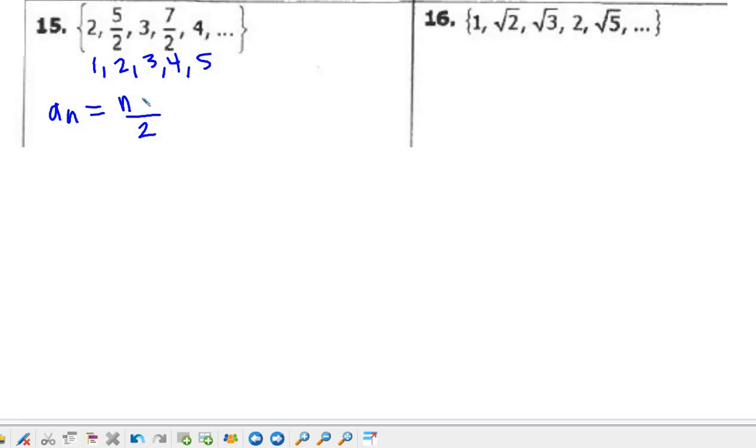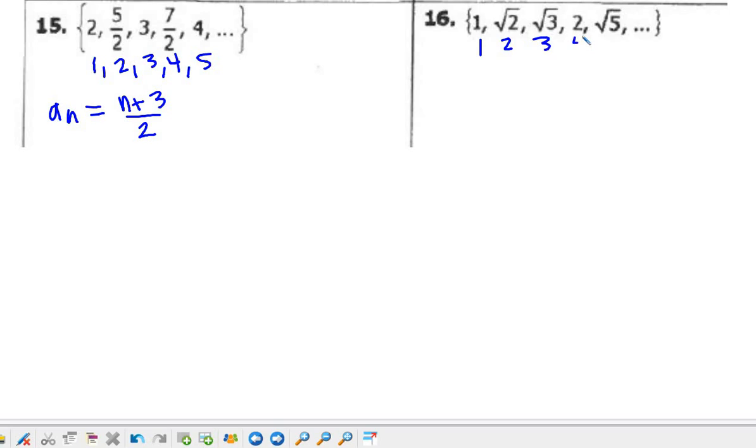So n plus 3. 1 plus 3 is 4 divided by 2 is 2. 2 plus 3 is 5 divided by 2. 3 plus 3 is 6 divided by 2 is 3. 4 plus 3 is 7/2. Okay, just take some guesses and check: does this work, does this not work? Add, subtract, multiply, divide, combinations of operations, and so on and so forth.